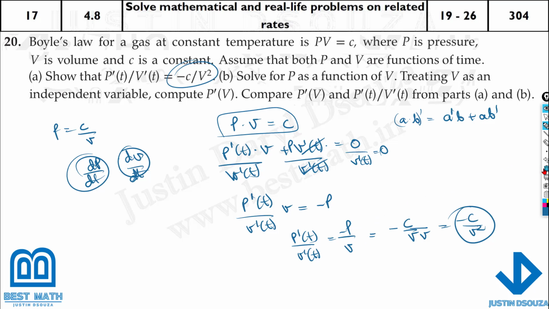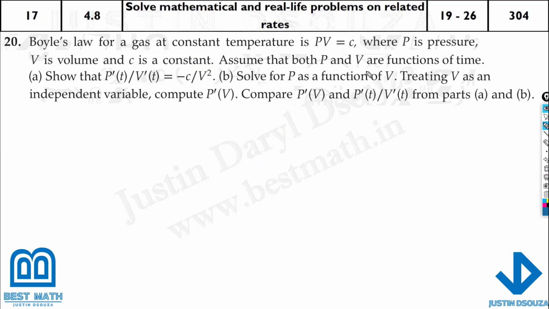Okay, so I'll just clear this all off. And now let me solve the second part. The given equation is PV is equal to C. What I'll do is I'll just take it to the other side. So it'll be P is equal to C by V. And now let me derive both the sides. Here on the left side, it's going to be P prime with respect to volume.